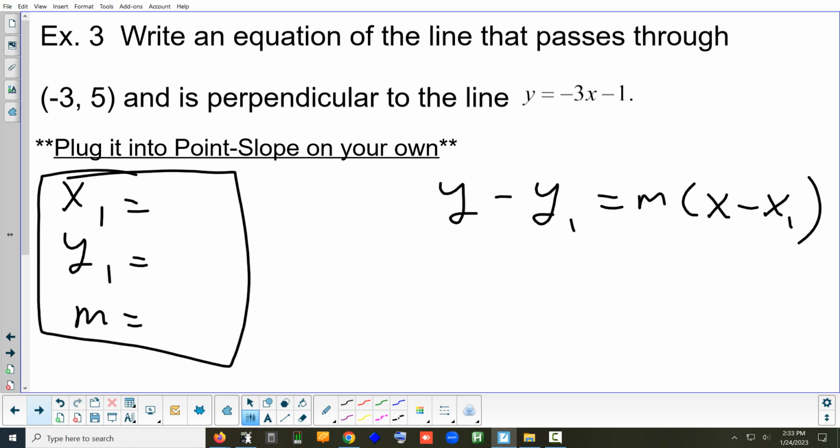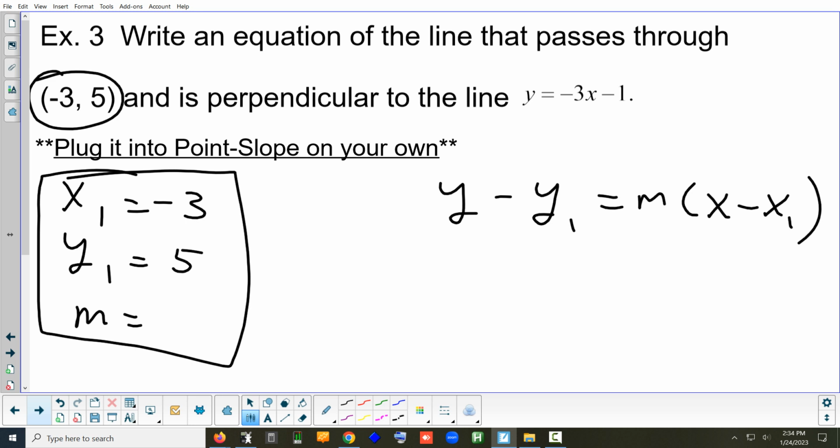No, remember the X1 and Y1 come from a coordinate. So you want to be focusing on this. X1 negative 3. Yep. Good. How about Y1? Yeah? Perfect.